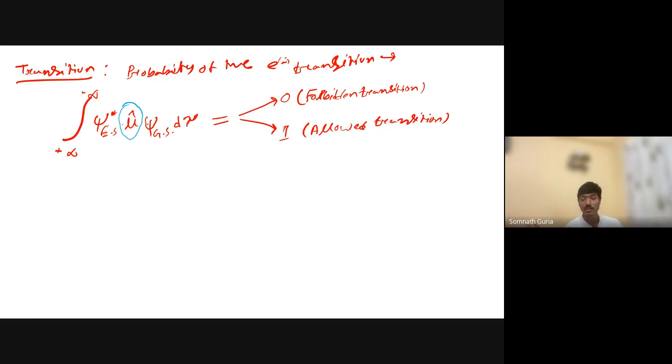So for that we are getting a pale pink color solution. So depending on this transition moment integral, we can say whether this is an allowed or forbidden transition.